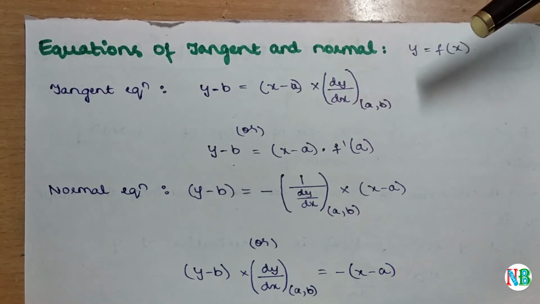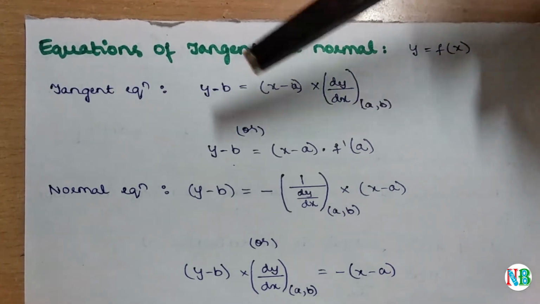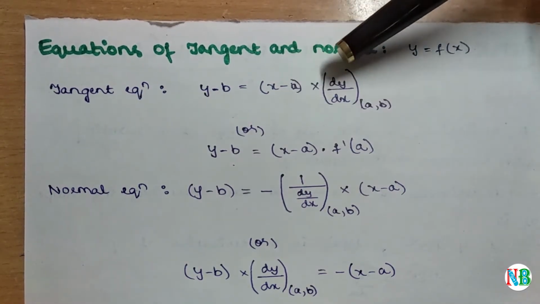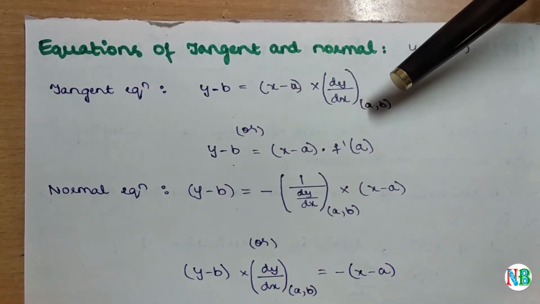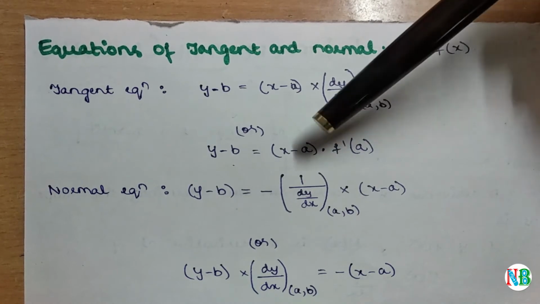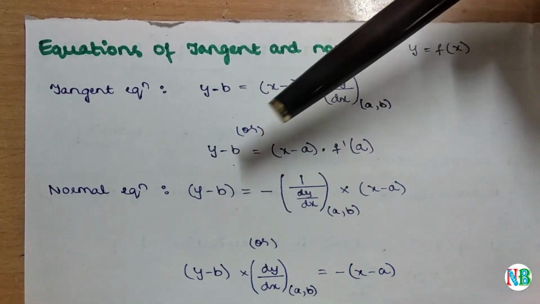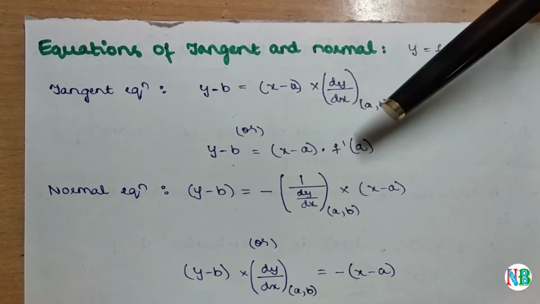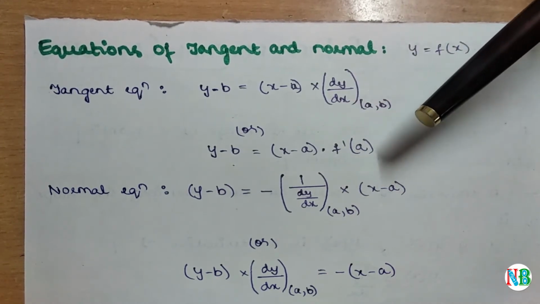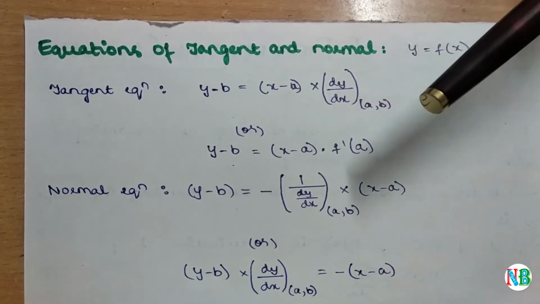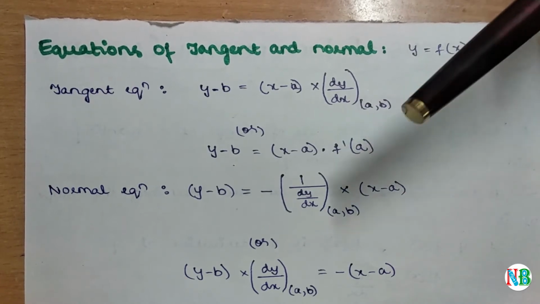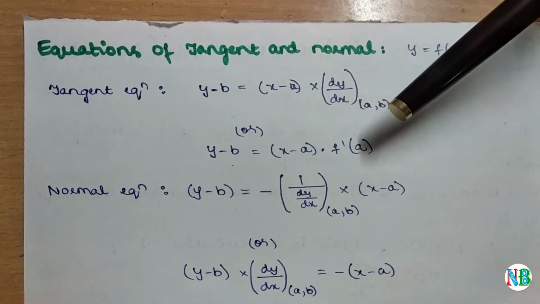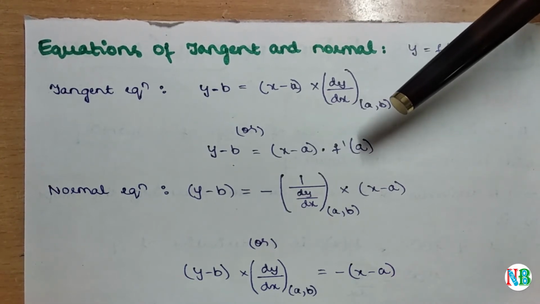The tangent equation would be written as y minus b equals x minus a into dy by dx at a comma b, or it can also be written as y minus b equals x minus a into f dash of a. That means a is substituted in the place of x in the derivative of f of x. So this is the way we find the tangent equation for a given curve with the point of intersection.